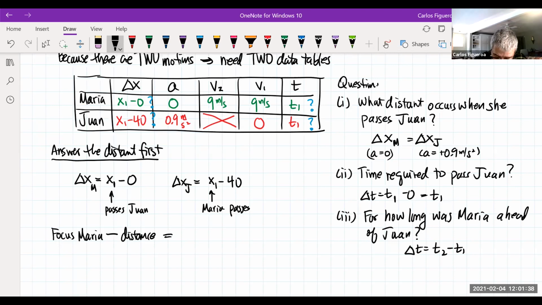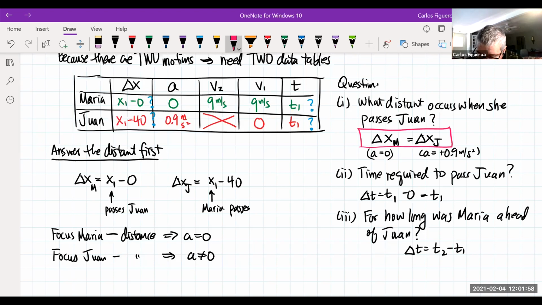So what you're seeing here is that if I focus on Maria, for distance, she has 0 acceleration. And if I focus on Juan, on his distance, he has an acceleration that's not equal to 0. So in order for them to pass, we wrote this equation already that says the distances must be the same.